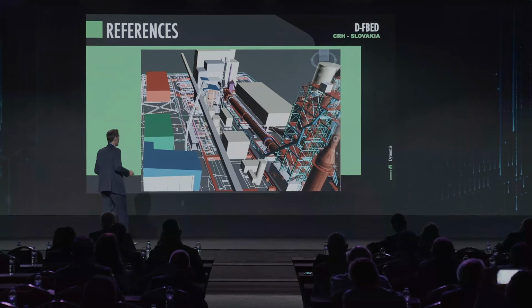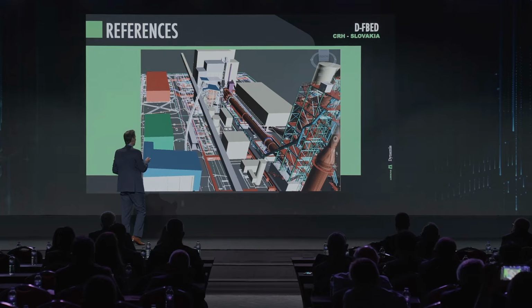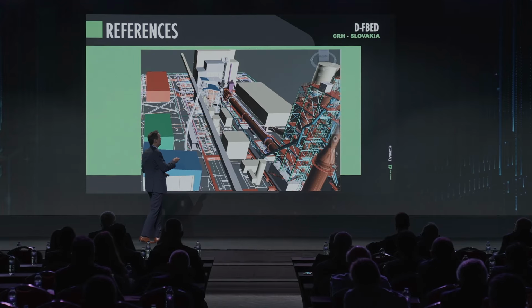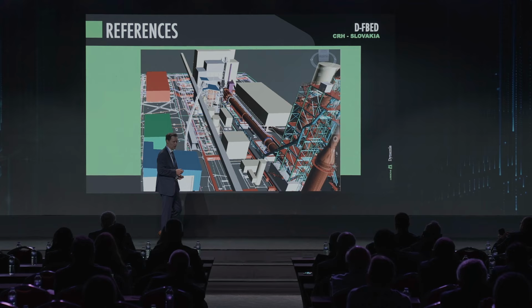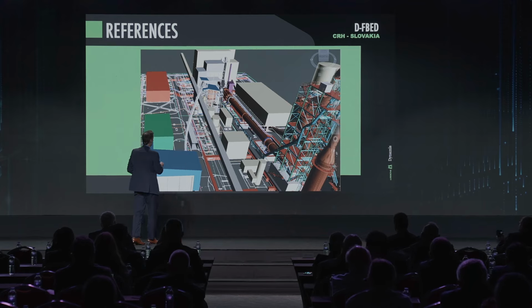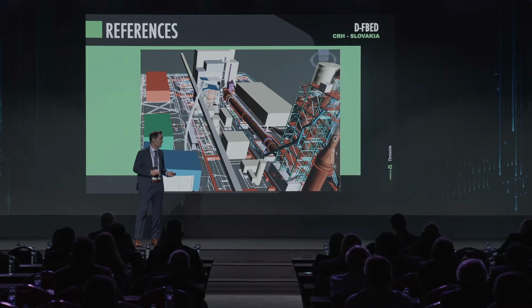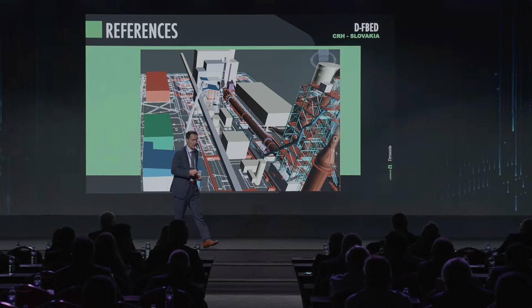So another project, another reference. It's a project that I mentioned, this project in CRH, Slovakia. We are supplying a gasifier for a white clinker cement to achieve 70% TSR, thermal substitution rate.